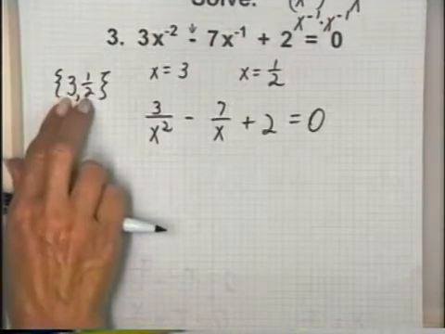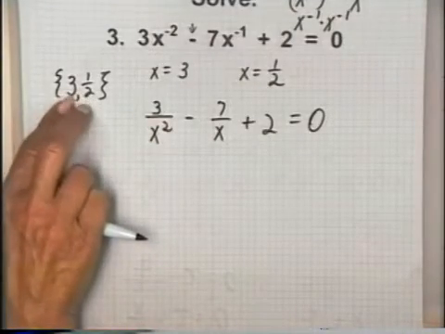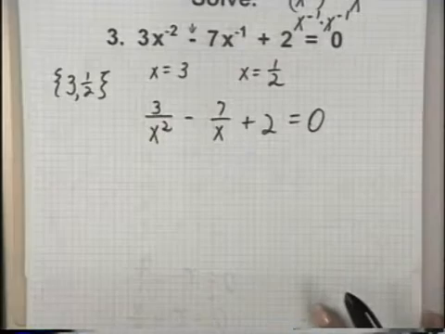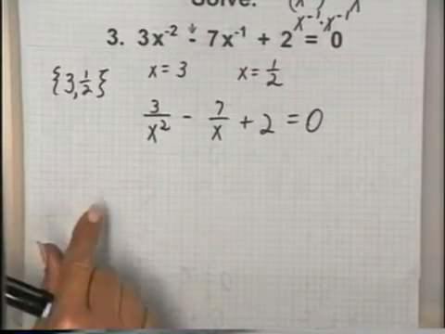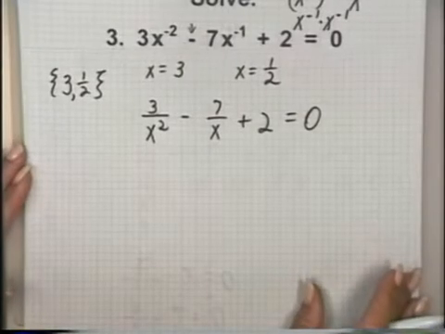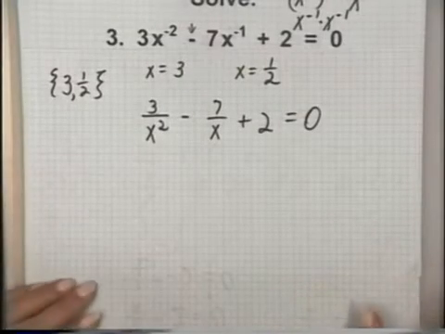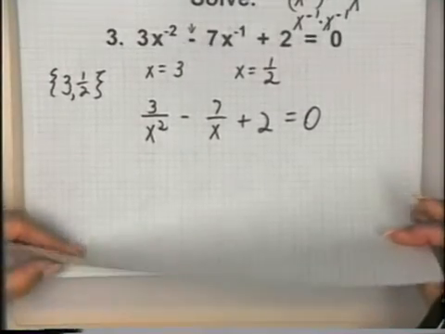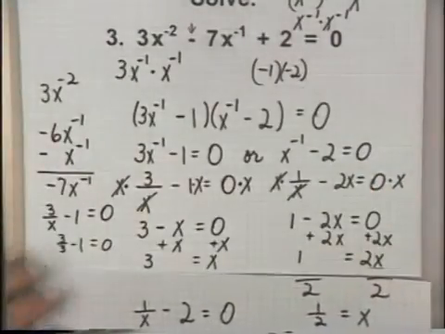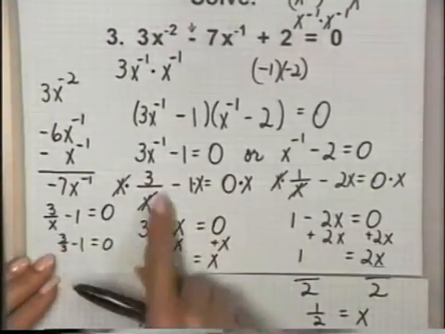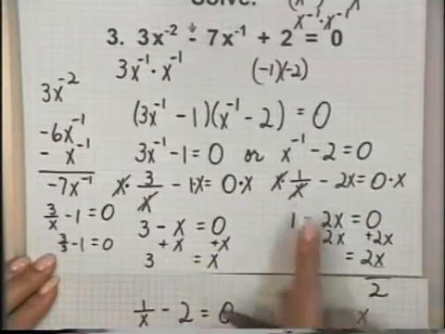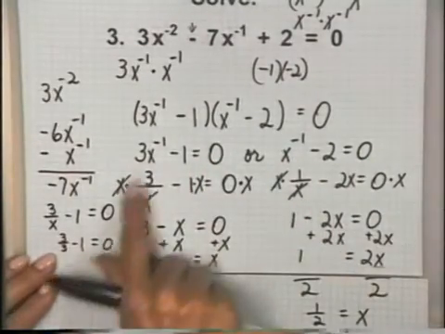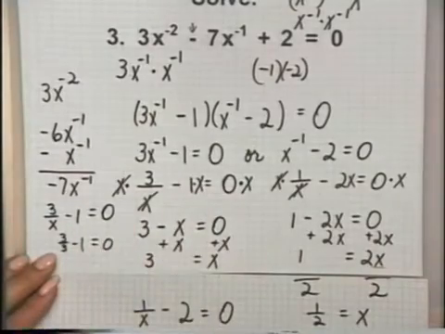Of course, I have checked to make sure that 3 and 1/2 were not extraneous solutions from the equations that I solved to actually find them, which in case we've forgotten, it would be this equation and this equation. I checked the 1/2 here and I checked the 3 right there.